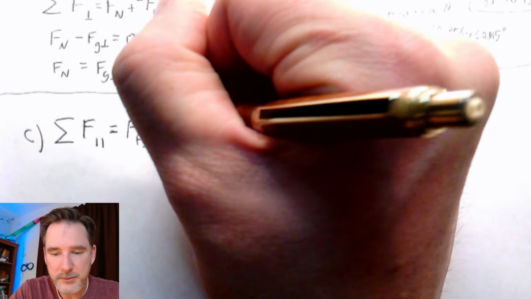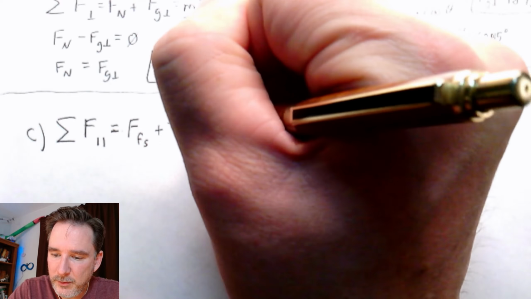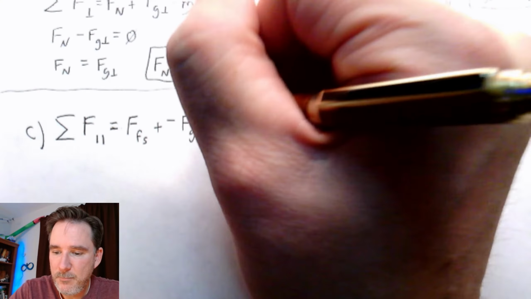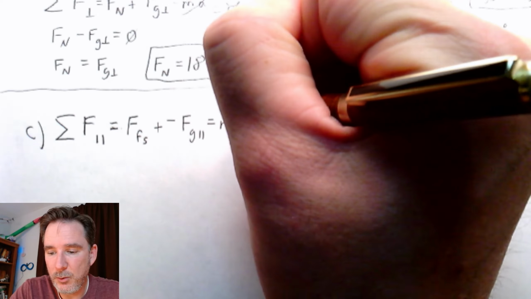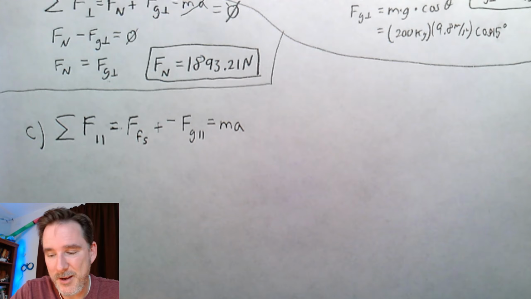So, plus the negative of the force of gravity in the parallel direction. And once again, F equals ma, so the sum of the forces, the net force, is equal to ma.